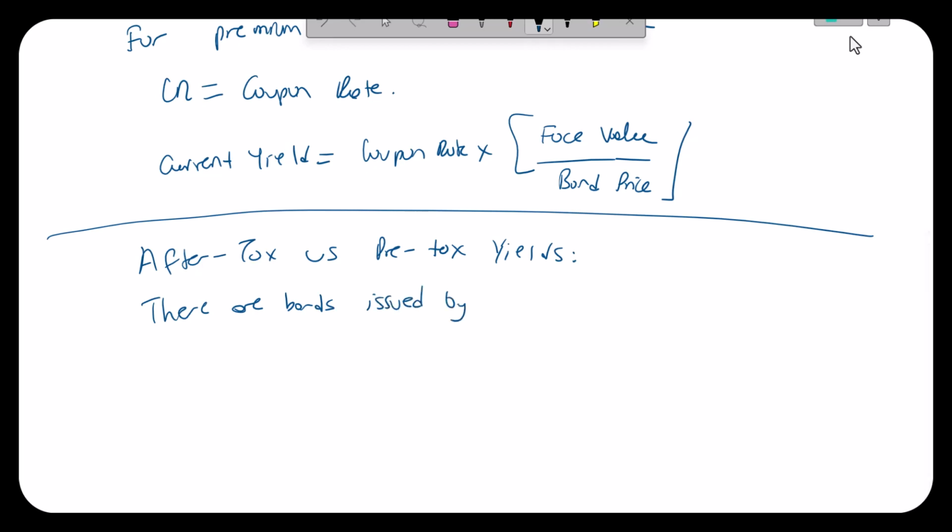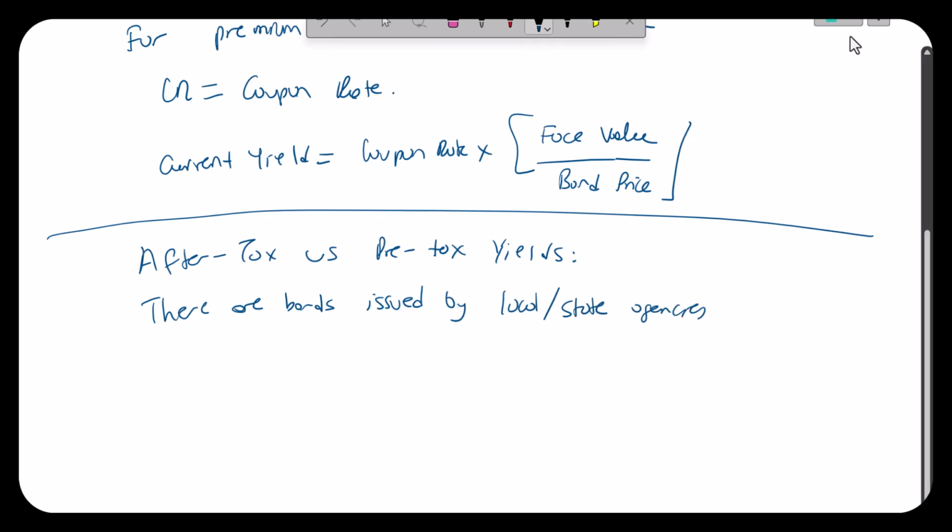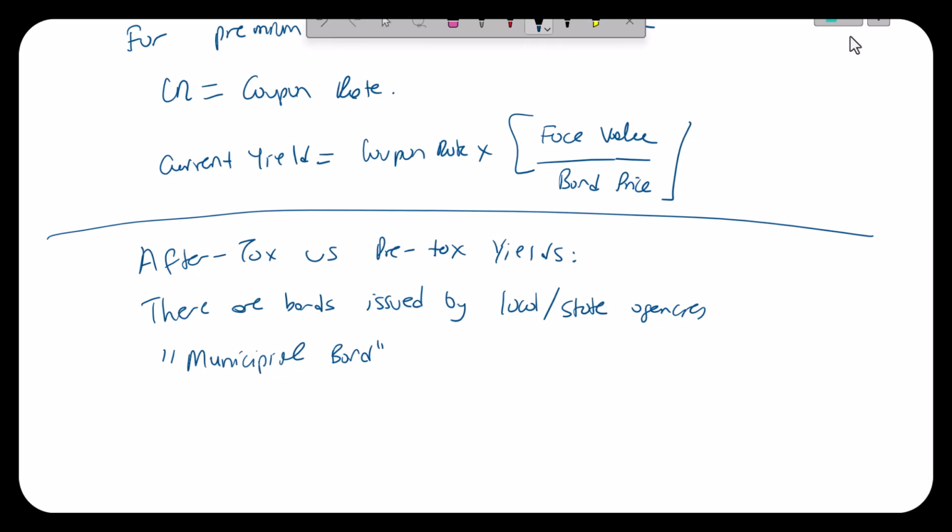But there are bonds issued by local state agencies. They are known as the municipal bonds. Technically, the term municipal refers to a city, but for bond purposes, any state or local agency.